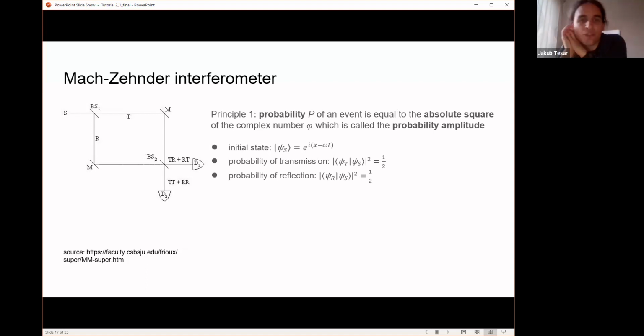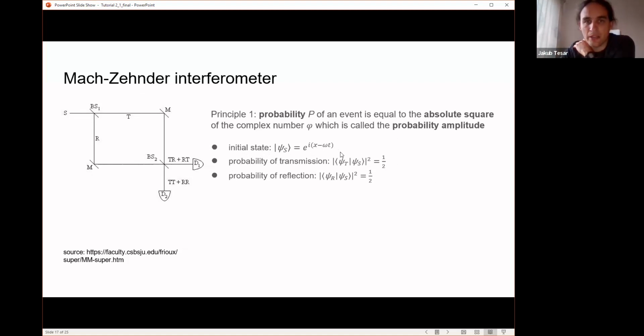What we know from the fact that we use a beam splitter, which splits the light into both paths equally, is that the probability of transmission is 1/2. So if we introduce, for example, a photon, well, it's a bad example, but if we introduce a beam of light here, half will go through and half will be reflected, which is given by these probabilities of transmission.